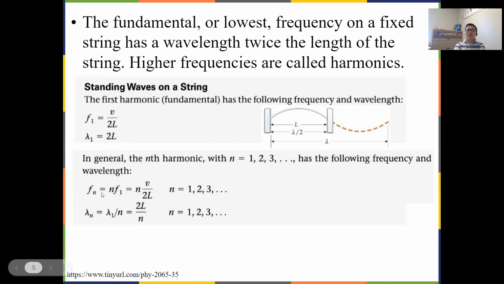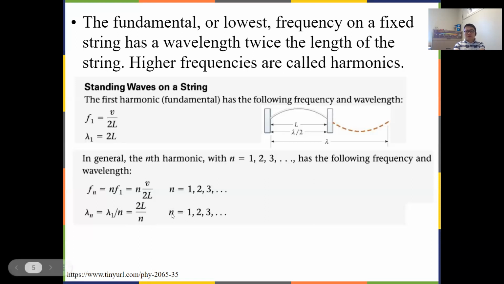So the frequency is n times the fundamental frequency. And the wavelength will be 2L divided by n, because the first one will be 2L divided by 1, the second one will be 2L divided by 2, so that would be L. The third one will be 2L divided by 3.